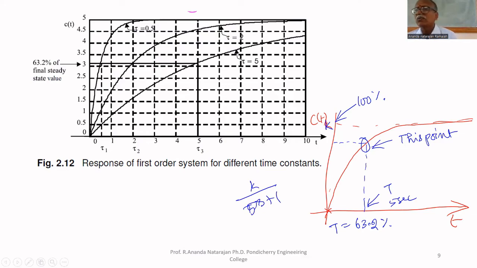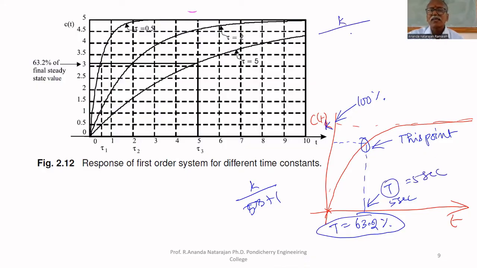How did I get the tau value? Time taken to reach 63.2% of the final value for a step input. That is very important; we have to mention the step. If you know that it is equal to 5 seconds, then the transfer function can be written as K upon 5s plus 1.